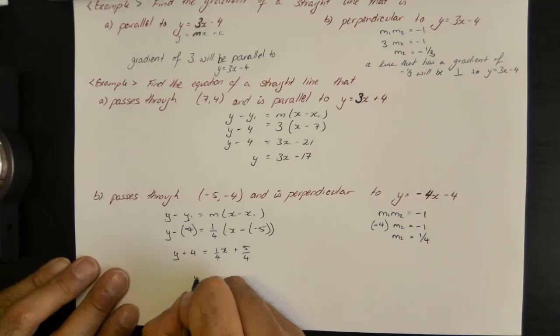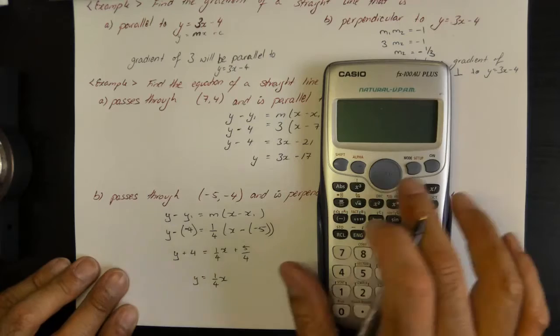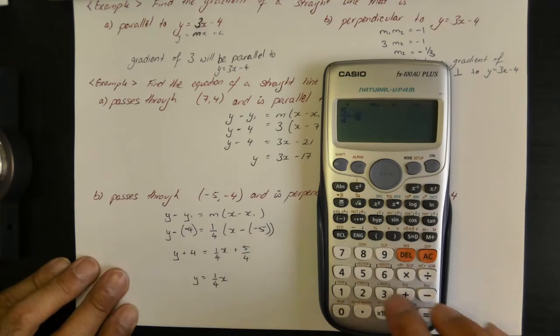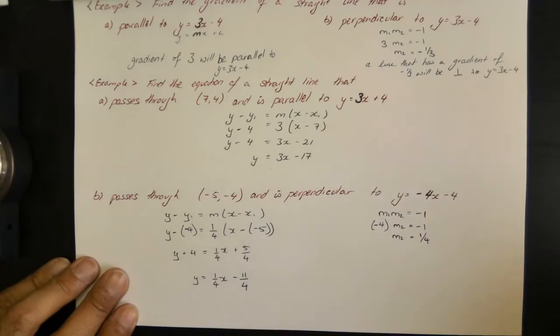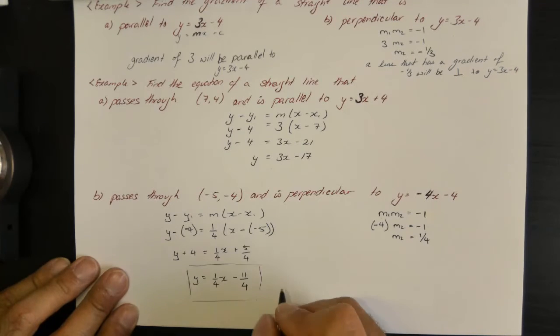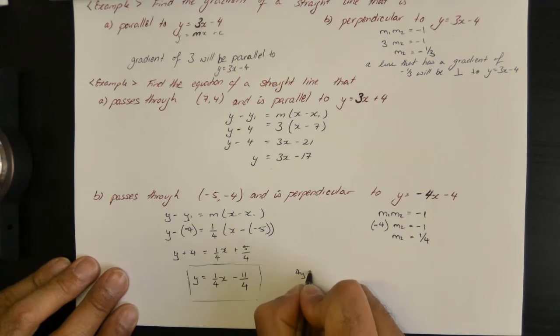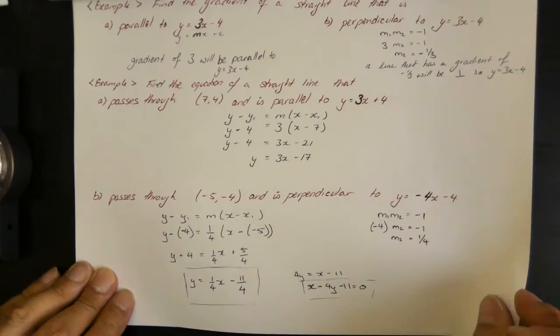Leaving it as a fraction, that's 5 over 4 minus 4, which gives the gradient-intercept form. Or we could multiply both sides by 4 to get 4y equals x minus 11. So x minus 4y minus 11 equals 0, and that can be my general form. It depends on which way the question wants you to answer it.